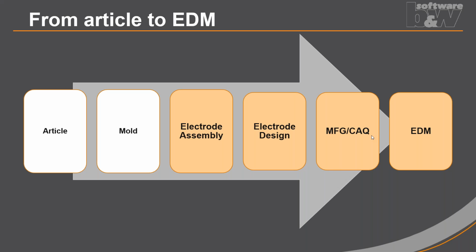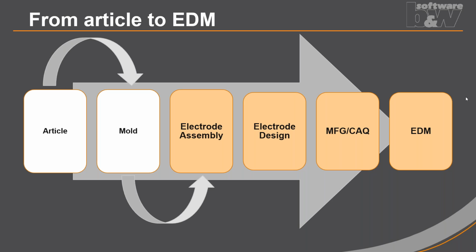Well, at first, a short look at the process. The process from article to mold was already shown in the previous webcast done by Sasha and Jan. And the electrode design process is usually located in the manufacturing department and starts with the mold data. And then you have, of course, to create an electrode assembly before you start with your electrode design.